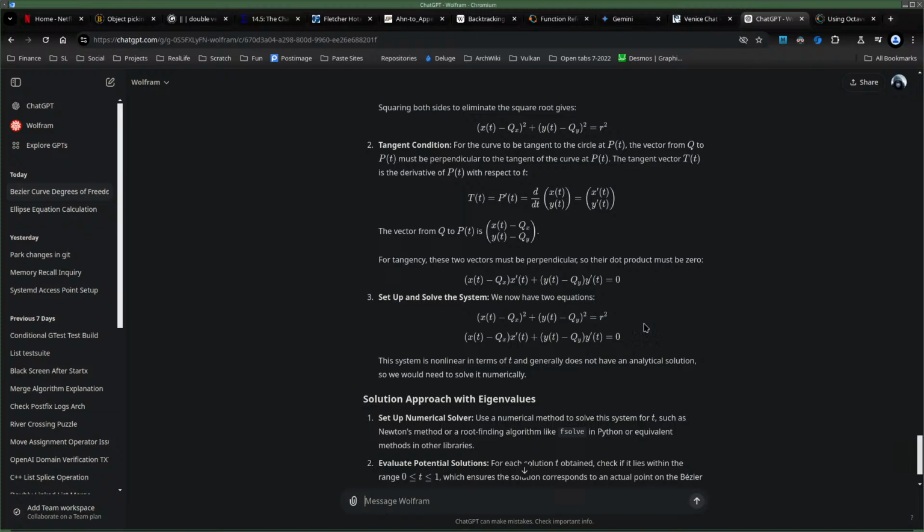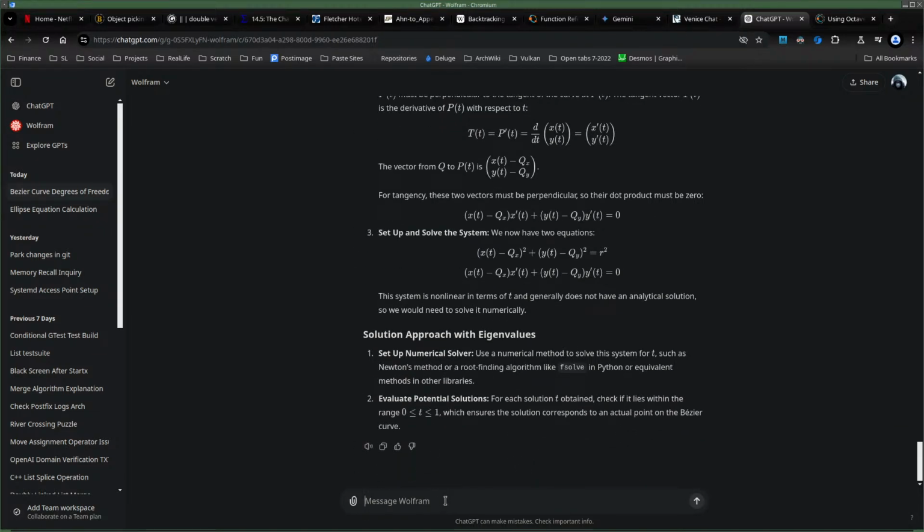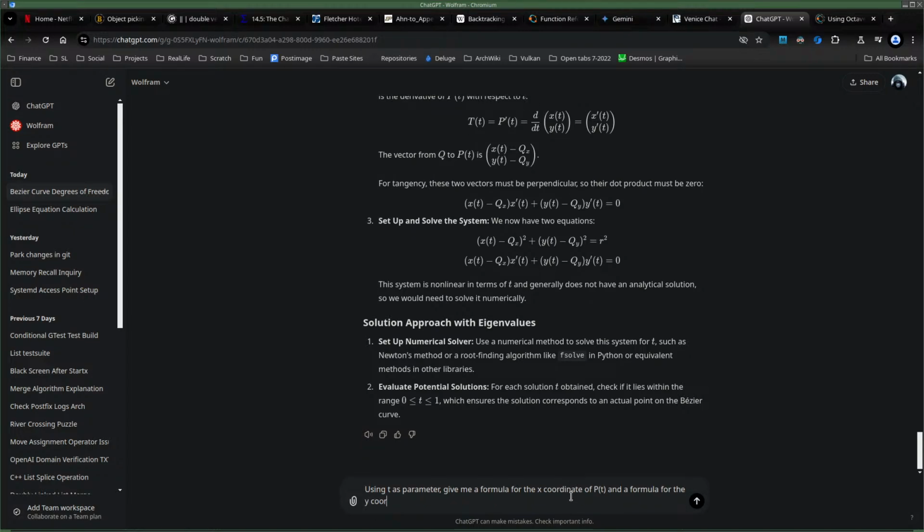No, I disagree. Let's do it as follows. So using t as parameter, give me a formula for the x coordinate of P(t) and a formula for the y coordinate of P(t).